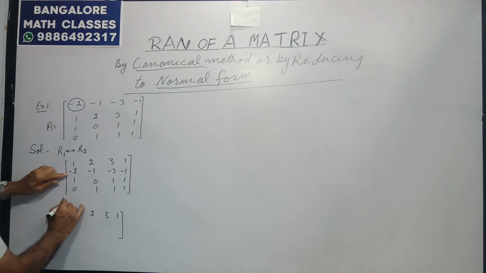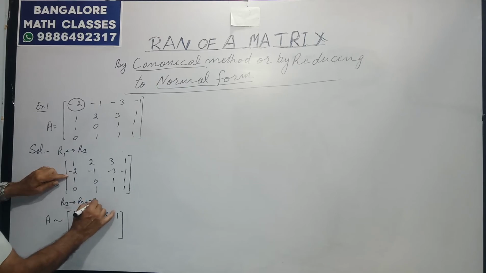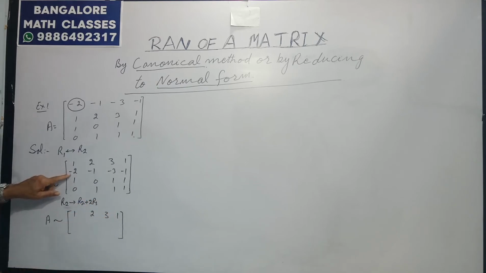R2 becomes R2 plus 2 R1 to make it 0. Double R1 and add. Listen carefully to how I am reading it. Double and add.